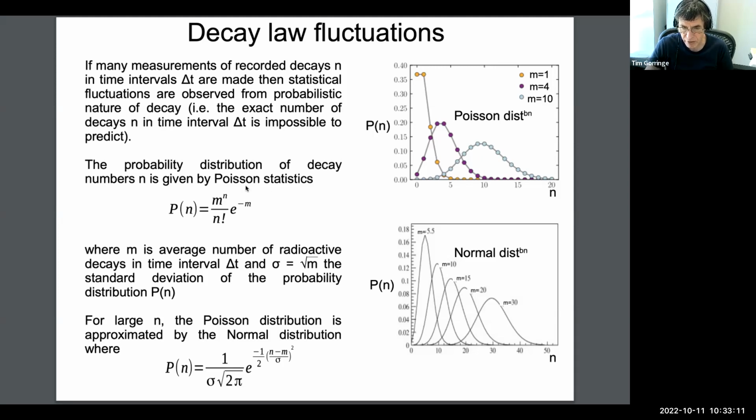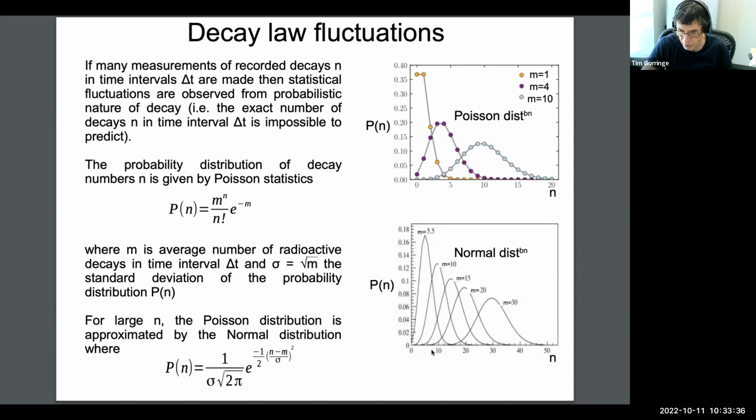This Poisson equation that describes the Poisson statistics changes into this normal distribution or Gaussian distribution for the statistical distribution. And I plotted this equation over here on the bottom right-hand side.